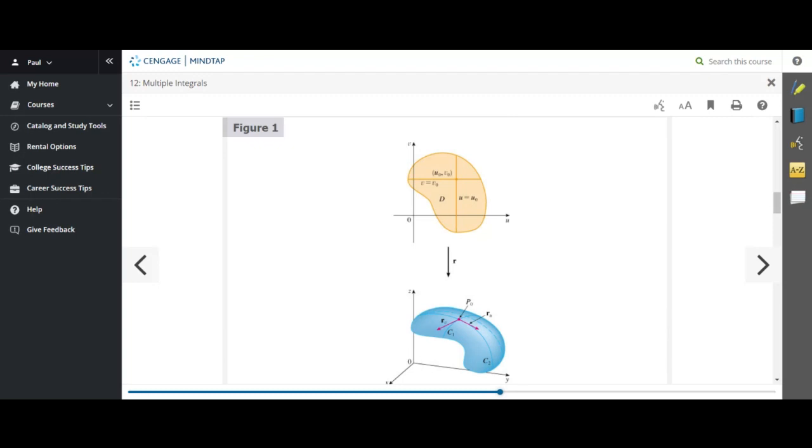You have parameters u and v, and uv coordinates over some region D. And if you were to set one parameter equal to a number and set the other parameter equal to a number, the coordinate u sub 0, v sub 0 would be the coordinate in the uv plane where you fix the u and v values.